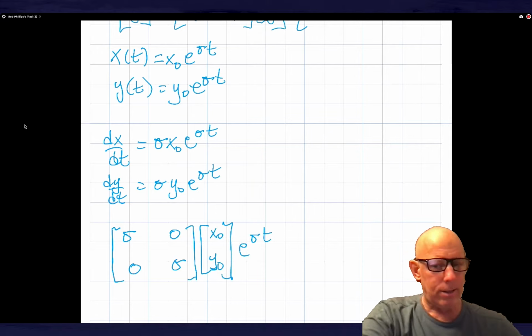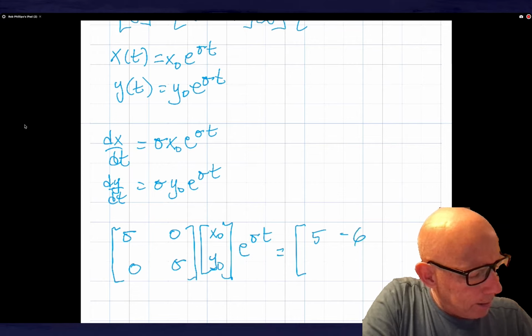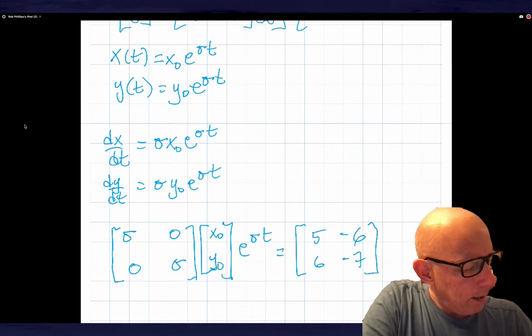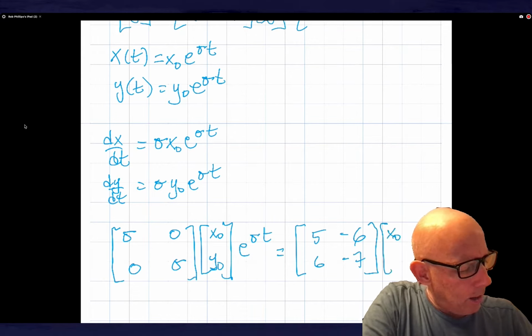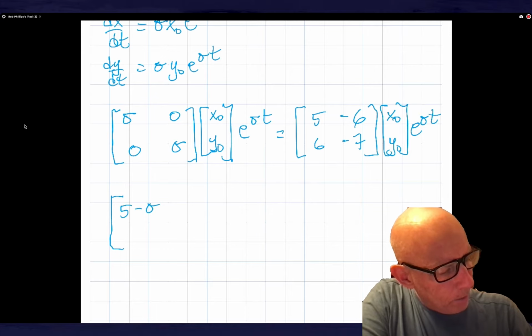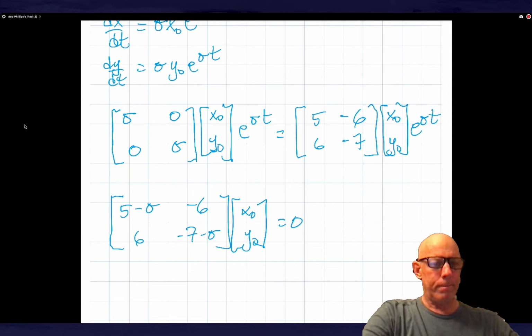And the right-hand side is of the form 5, minus 6, 6, minus 7, and then x naught, y naught, e to the sigma t. And so I can rewrite this as 5 minus sigma, minus 6, 6, minus 7 minus sigma, times x naught, y naught, and that's equal to 0.